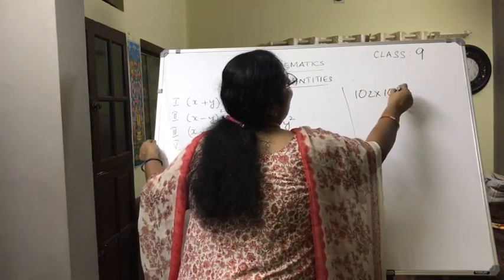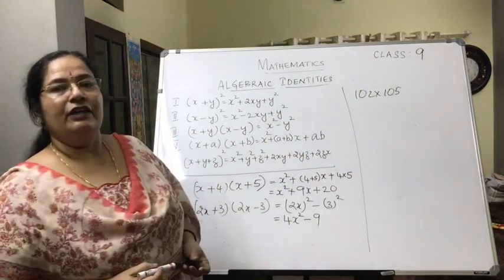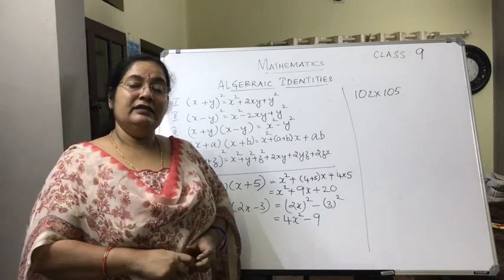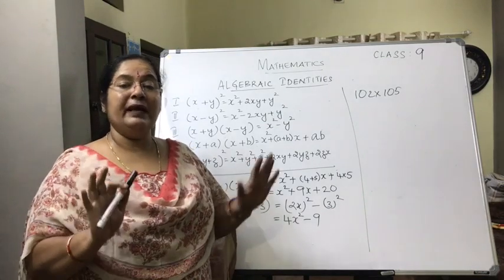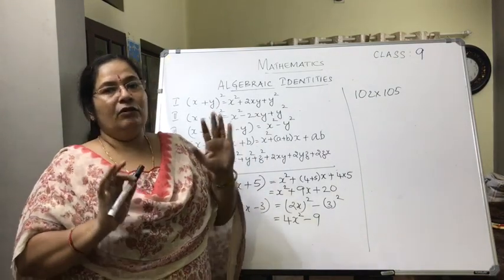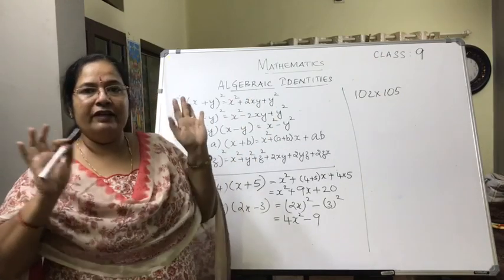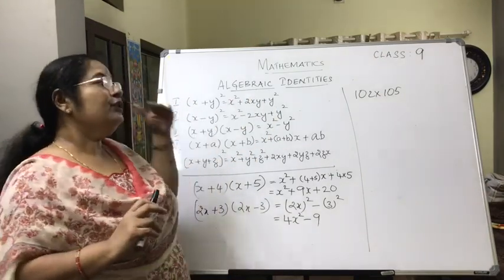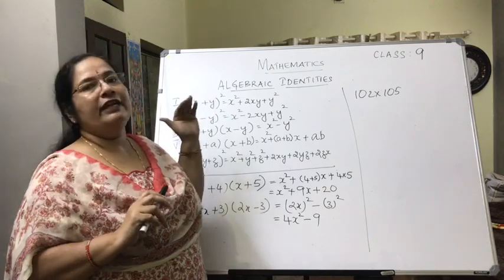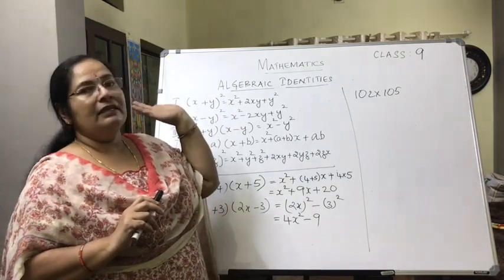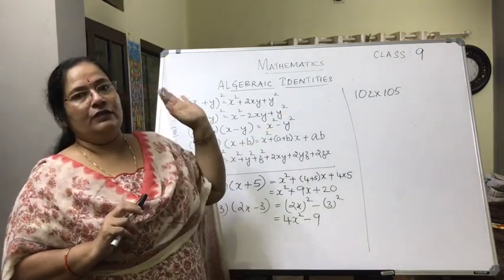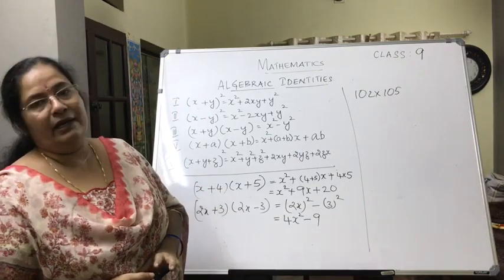Suppose you are asked to find like this, 102 into 105. You are asked to evaluate without multiplying directly. You are not going to multiply 102 with 105 and then find the answer. You are going to use the identity we have learned and then find the product of 102 into 105.